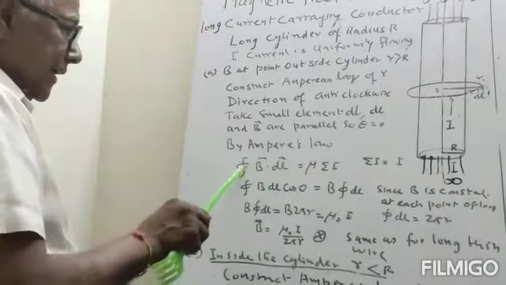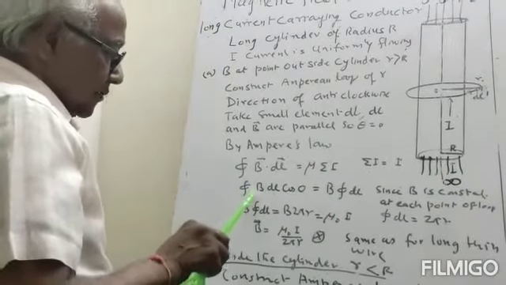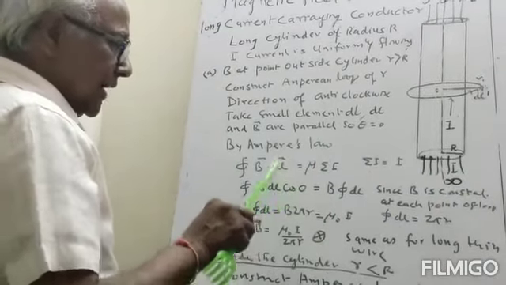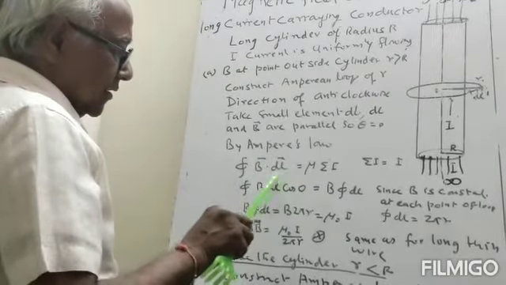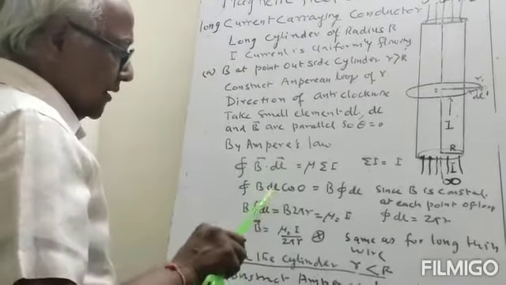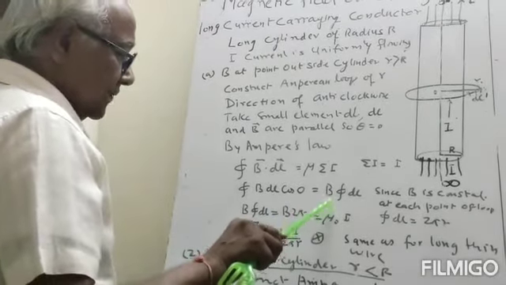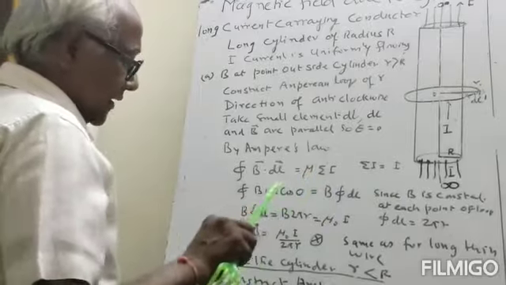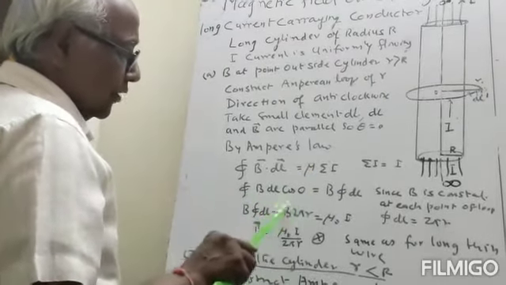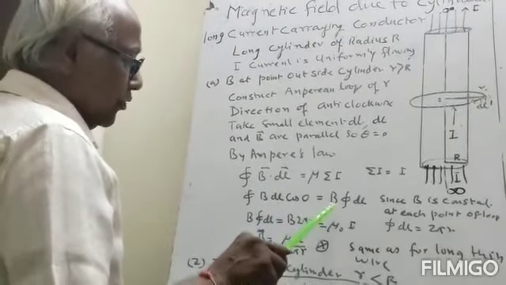So the line integral will be equal to B dl cos 0, because the angle is 0. This is the dot product, so it will be B dl cos 0, equal to mu 0 into I. And now cos 0 is equal to 1.